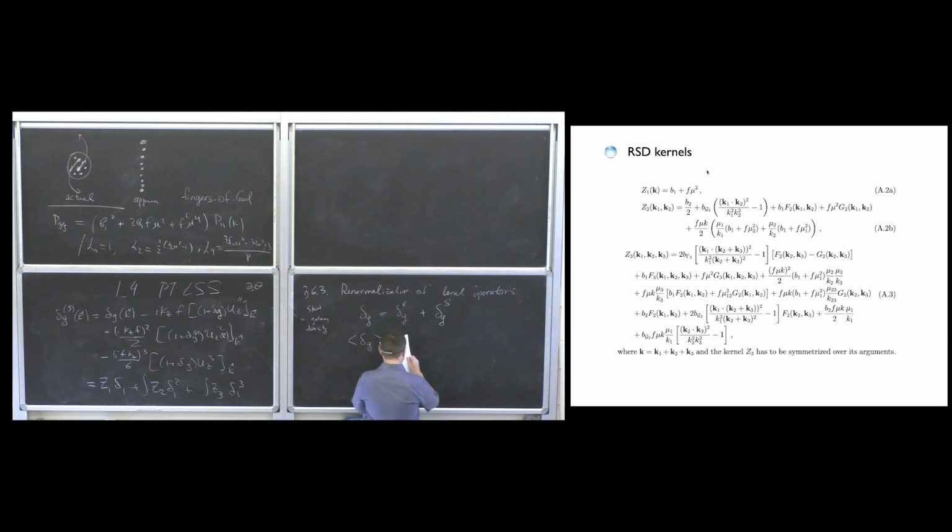Okay. So now, by definition, if you ensemble average the long wavelength field over the small scale fluctuations, this doesn't do anything, right? Because this doesn't have any small scale fluctuations.